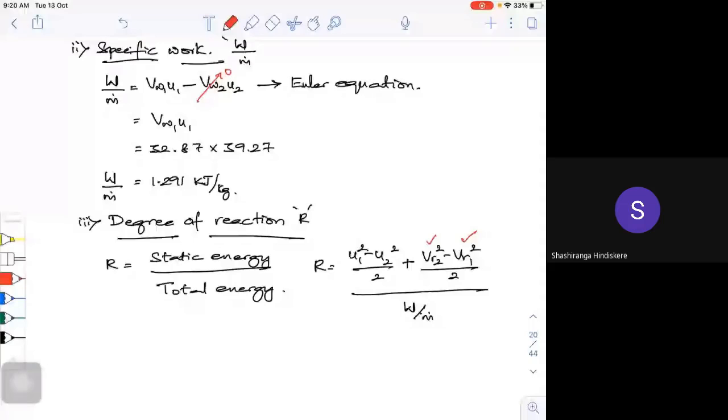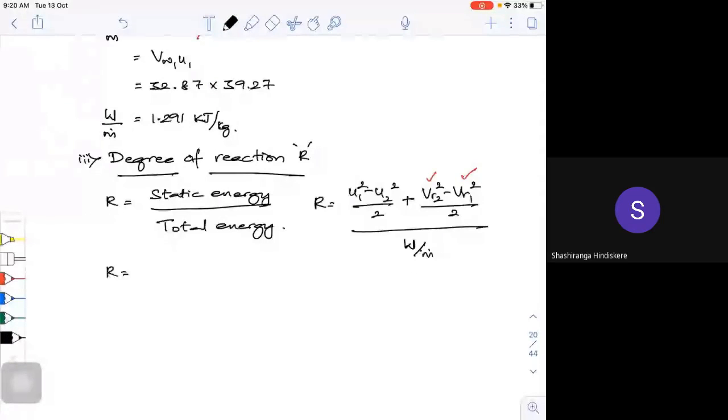Also, you can use another formula. R is equal to, see, you have your total work. W is equal to V1 square minus V2 square by 2, plus U1 square minus U2 square by 2, plus VR2 square minus VR1 square by 2.